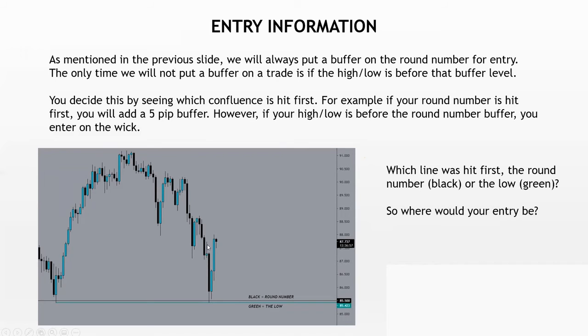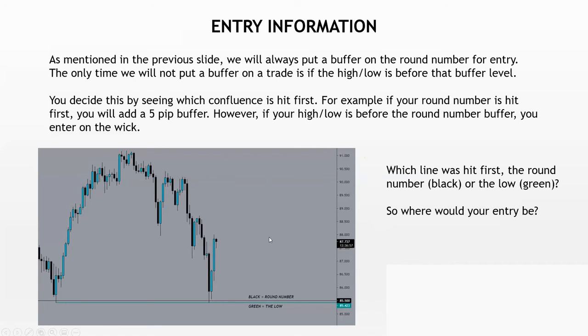So let's say price is up here where my mouse is. What you can do is draw a horizontal line on your round number and a different horizontal line on the low which you are interested in regarding the retest. Okay? So out of these two here, the black line represents the round number. The green line represents the low.